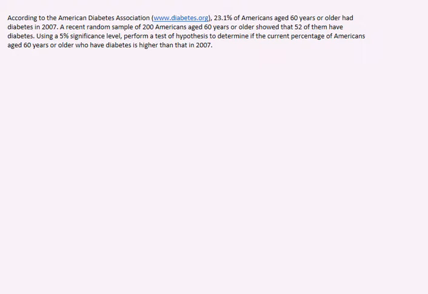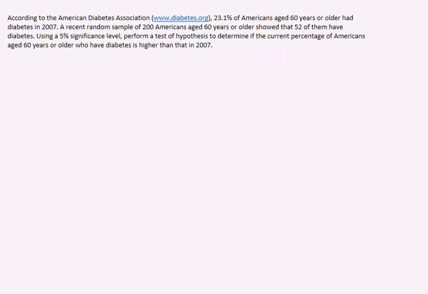A recent random sample of 200 Americans aged 60 years or older showed that 52 of them have diabetes. Using a 5% significance level, perform a test of hypothesis to determine if the current percentage of Americans that are 60 years or older who have diabetes is higher than it was in 2007.